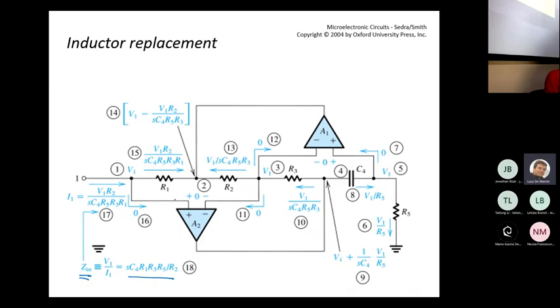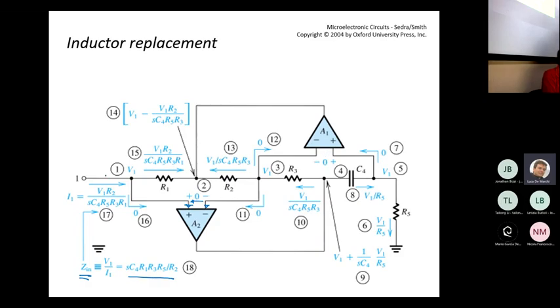Therefore, we are assuming that no current flows into the input terminals of the op-amp, and that the gain is sufficiently high so that we can assume that we have a virtual short circuit between these nodes. And the same applies also to the second op-amp.